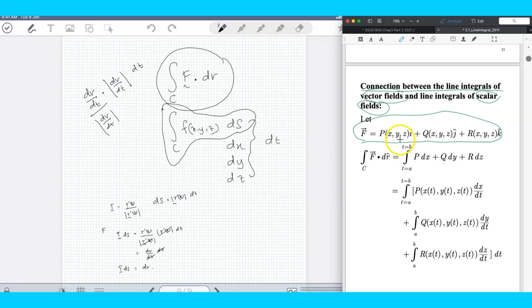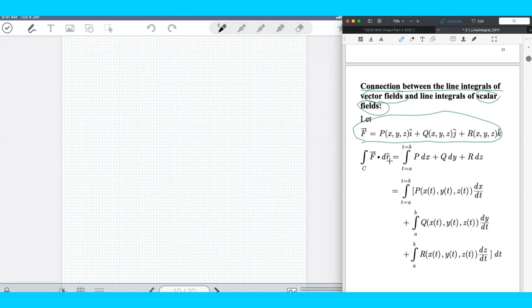So you have the function for component x, component y, and component z. So now how can you have F dot dr? So F is given. So what is dr? So dr here is coming from r in terms of t, where the components are x, y, and z.